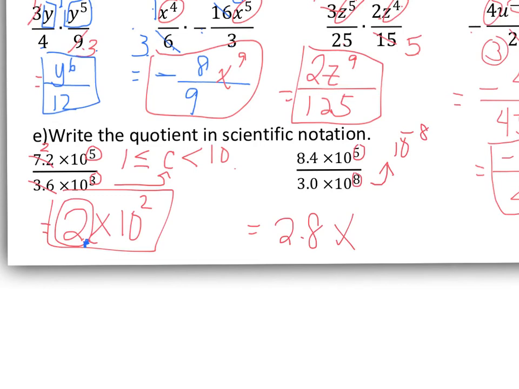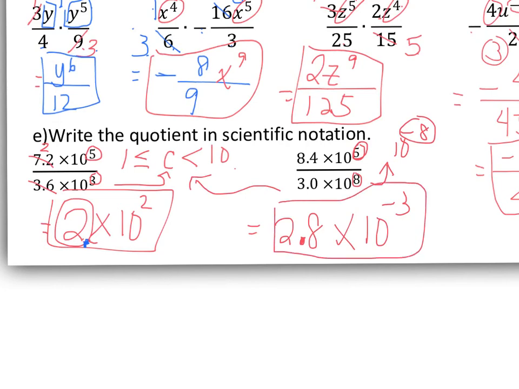Okay, so 10 to the negative 8th power. So 5 plus negative 8 would be negative 3. And this is already in scientific notation. 2.8 is between 1 and 10. Okay, that's it.